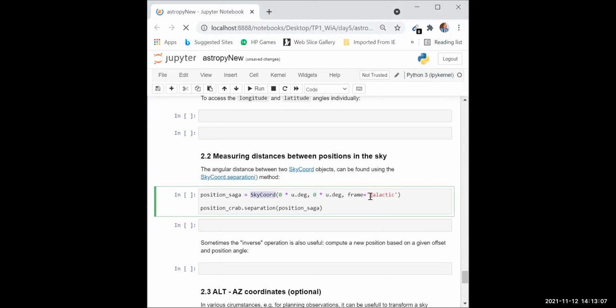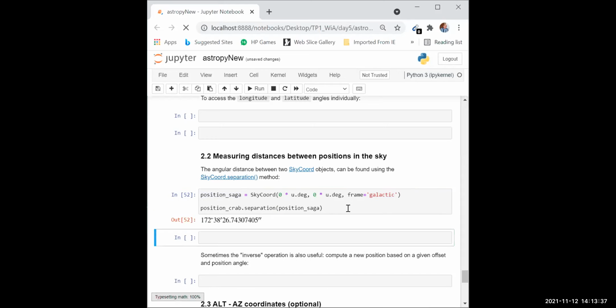In the galactic frame, Sagittarius A, as you know, is 0, 0. Our galactic center is at Sagittarius, so the longitude is 0, and it is lying in the plane, that's why galactic longitude and latitude are both 0. So we are defining this position of Sagittarius as this.